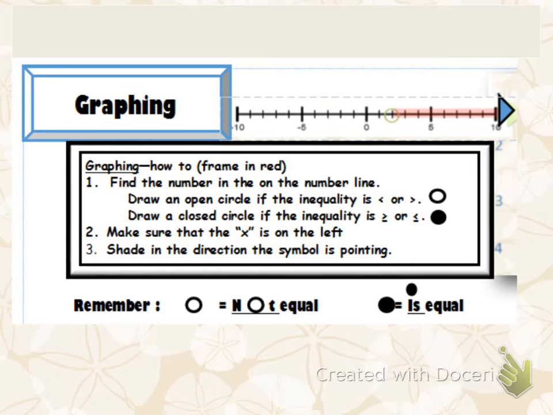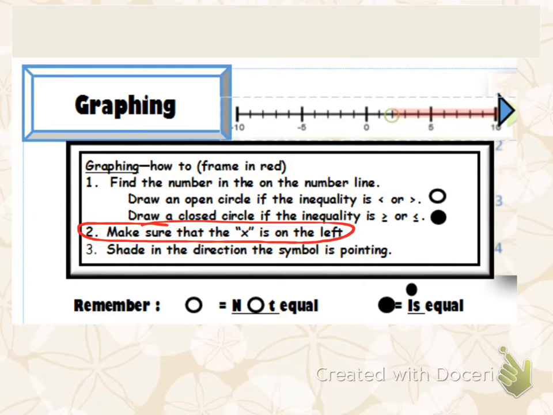Now, this part right here, in order to follow the directions I'm about to give you, I want you to circle this one statement that's number 2. It says, make sure that the x is on the left. Now, we don't have to have the x on the left when we solve problems. However, for graphing, when we put the x on the left, it makes it very easy for us to follow the steps that I'm going to give you.